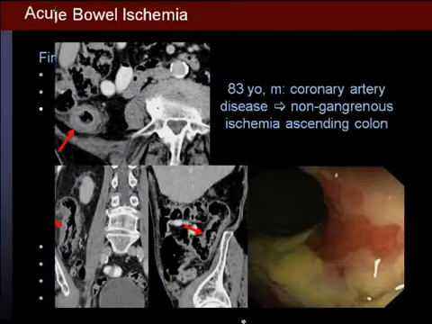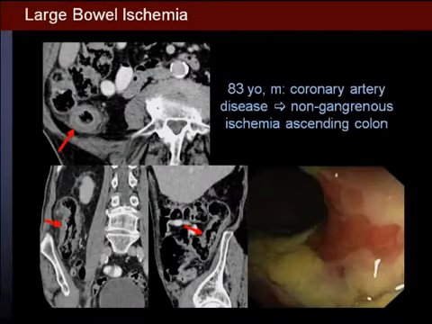And an example, this is an elderly patient with coronary artery disease. He has diffuse abdominal pain because the peritoneum is somehow involved, which causes pain, and he has a thickening of the wall of the cecum, of the ascending colon. We have a hyperdense mucosa because of hemorrhage and or perfusion.